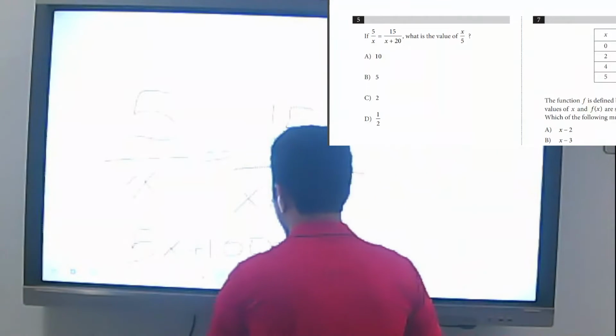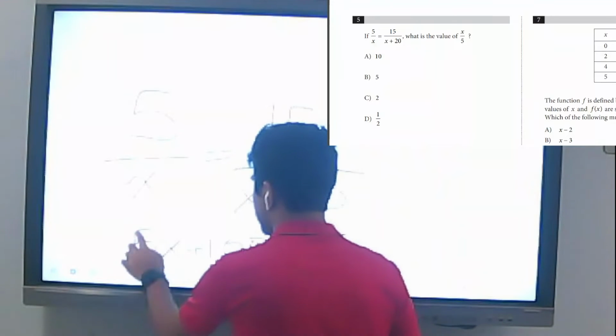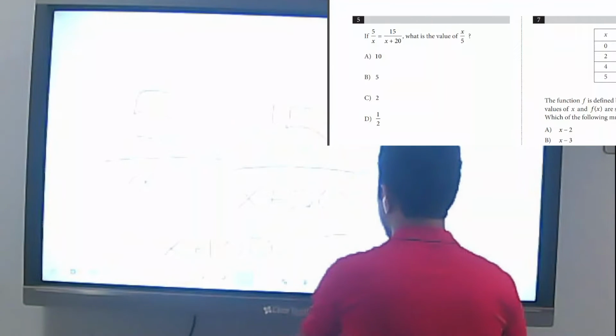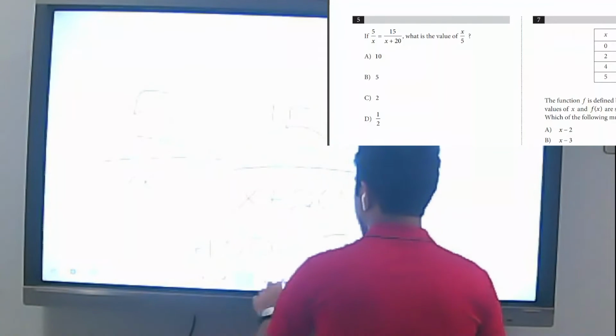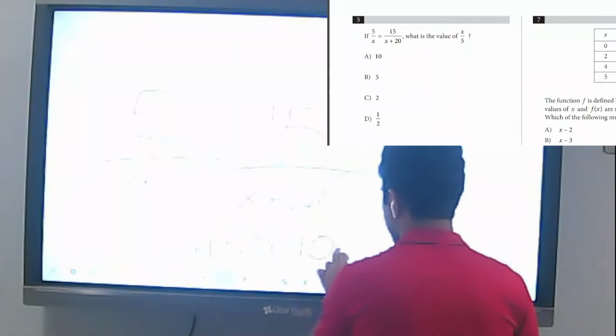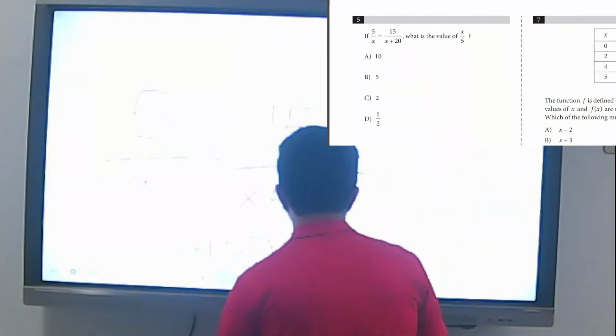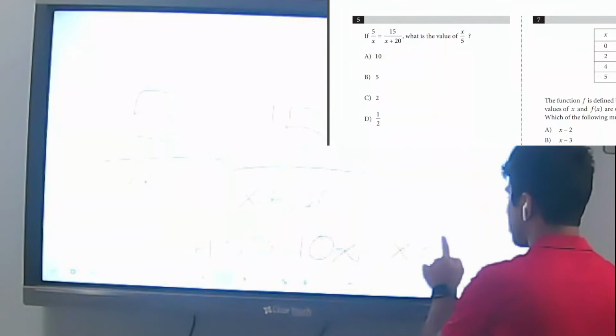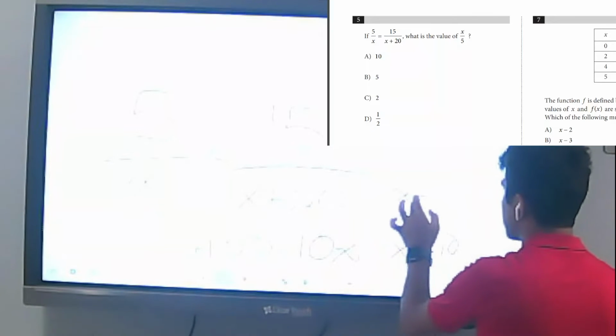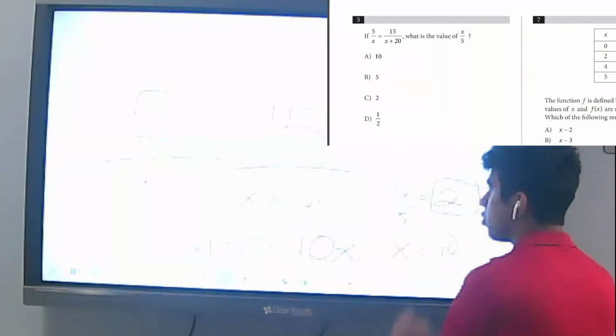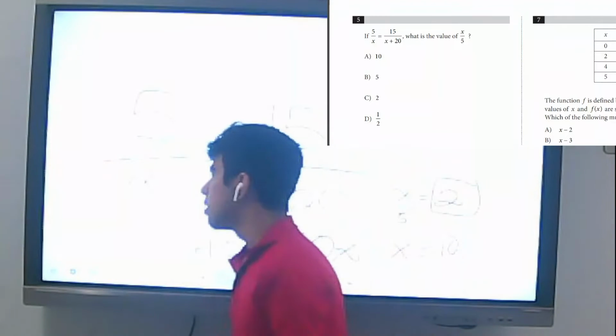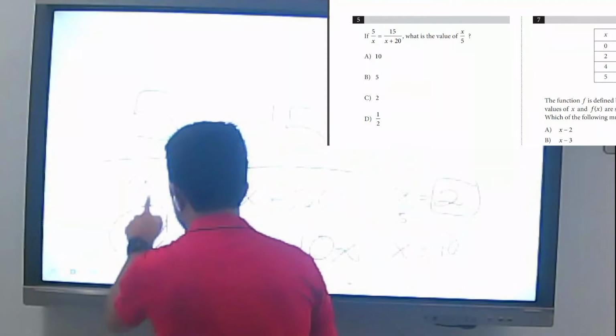And then you're going to subtract 5x on both sides, right? And you get 10x. And divide by 10, and you get x equals 10. So x over 5 is going to equal 2. That's our answer, and that is choice C.